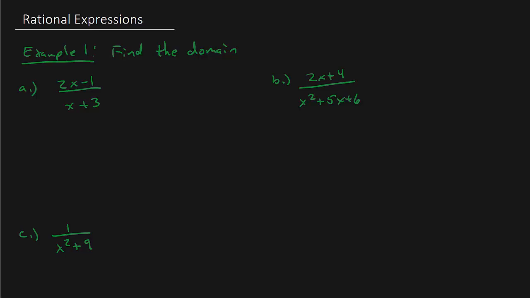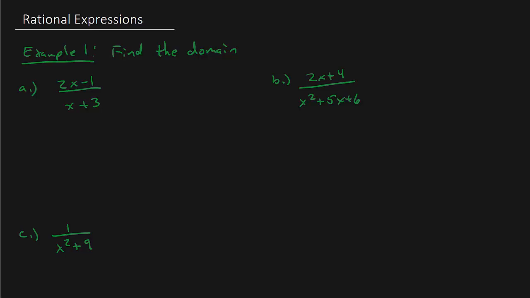So first, let's look at finding the domain of a rational expression. To find the domain of a rational expression, we know that if we have a fraction, we cannot have 0 in the denominator.